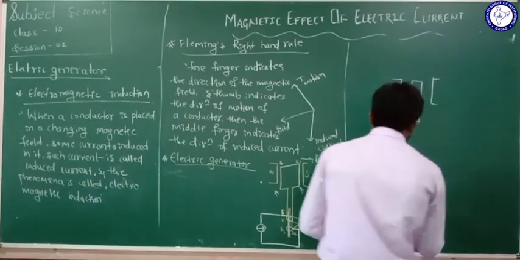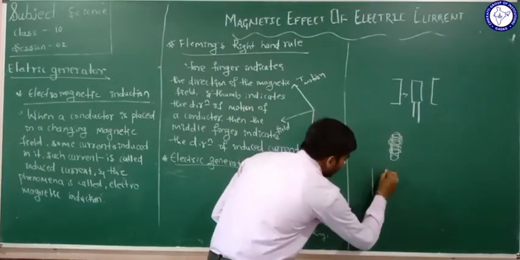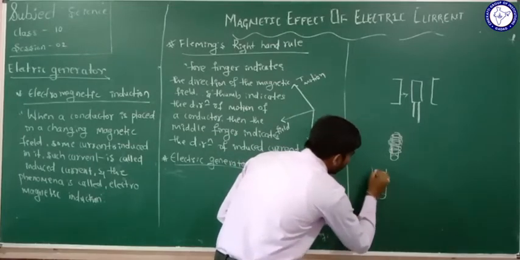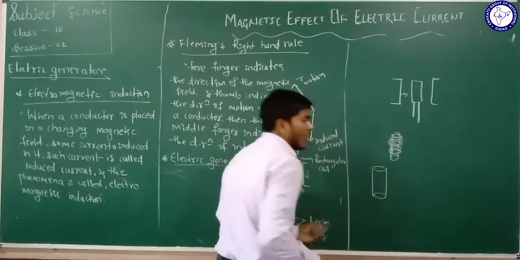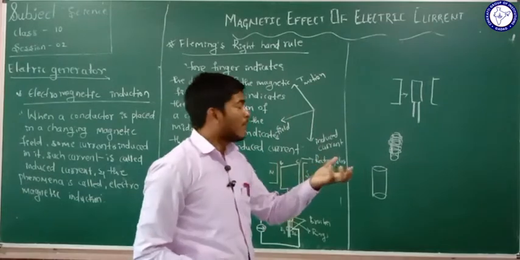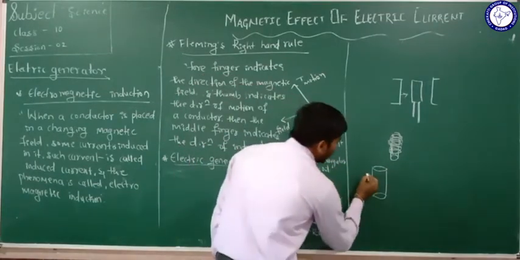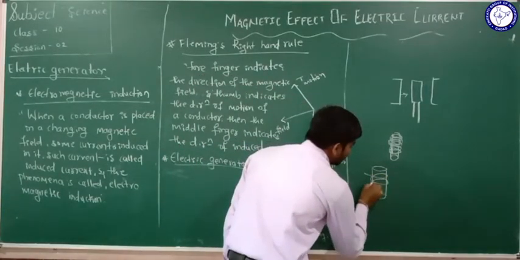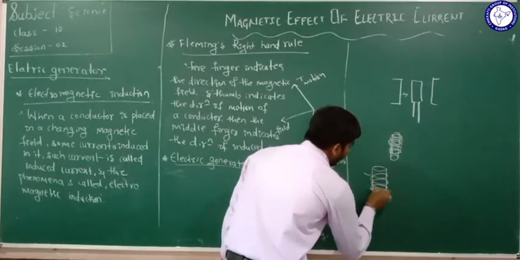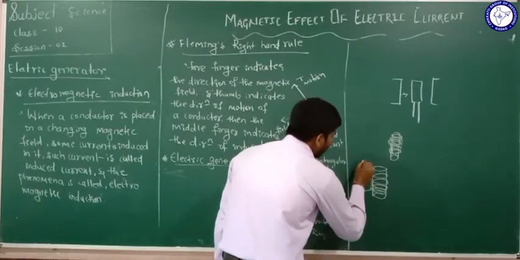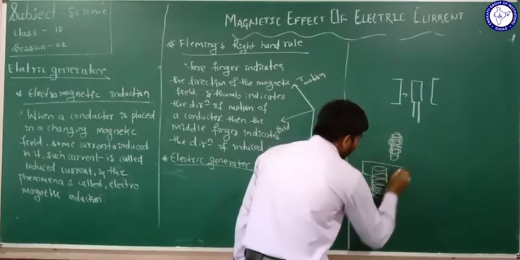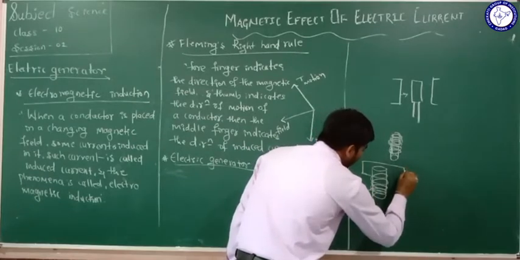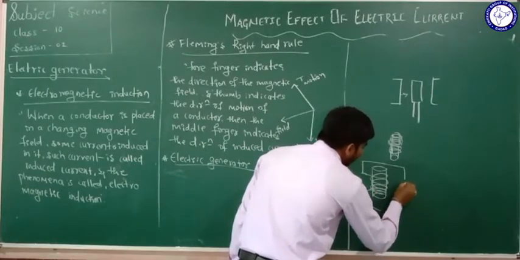Once again, take a cylindrical material made of plastic or paper-like material, wind a number of copper turns here with the copper wire, and connect both ends of the copper wire to the ammeter.